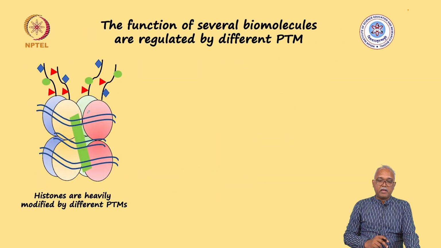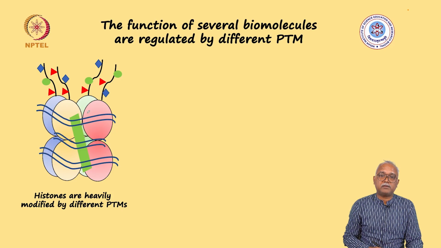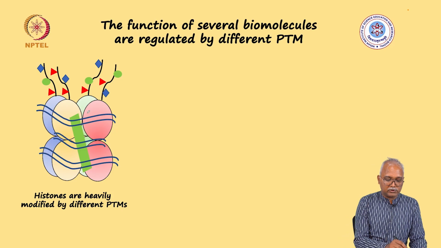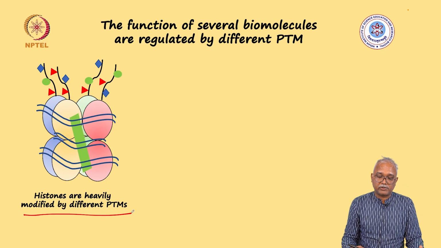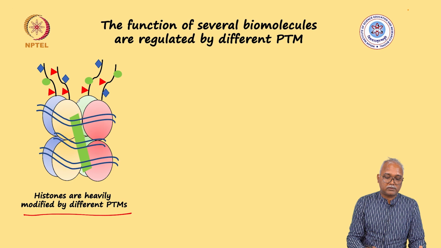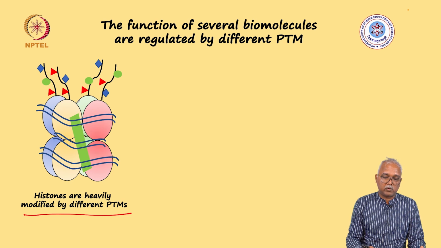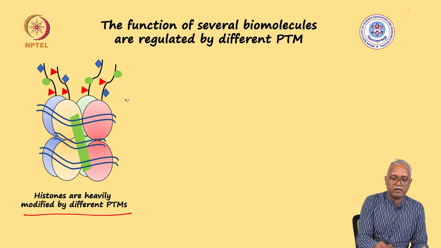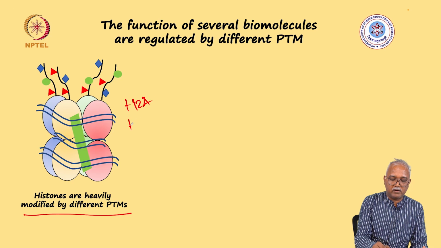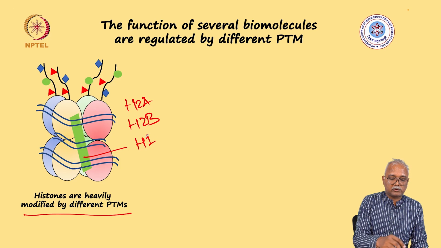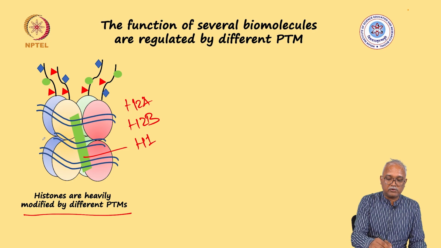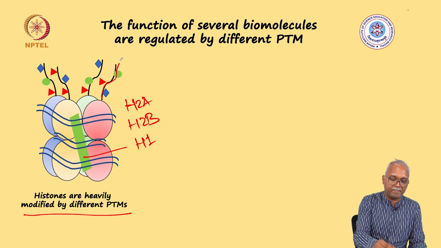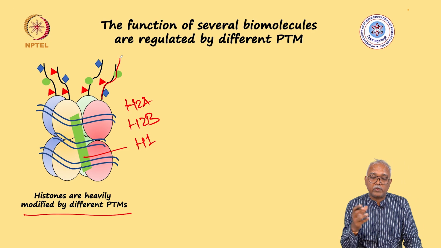So if you see where we have seen such modification regulating, histones are one of the most widely studied in this situation. The octameric structure of this histone is like you have H2A, H2B, then you have the linker H1. So the wrapping of the histone core and the wrapping of the DNA, each of these histones has a tail, and this tail is prone to get modified.